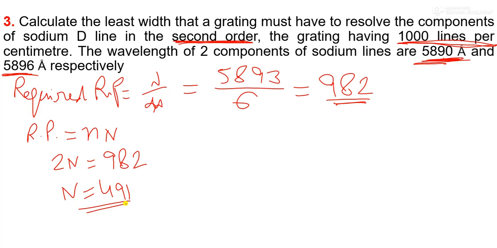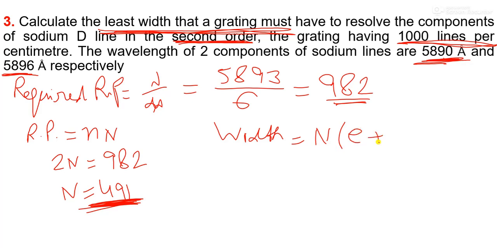And we have to calculate the least width that a grating must have. Okay, if e plus d is the grating element, meaning the distance between two successive slits, and the total number of slits is 491, then the width of the grating will be equal to capital N, the total number of slits, into e plus d.